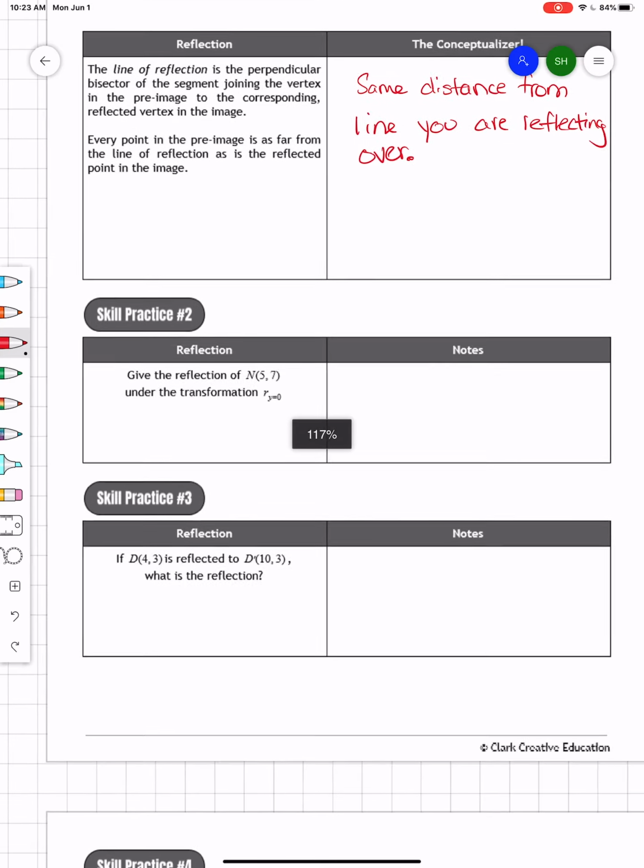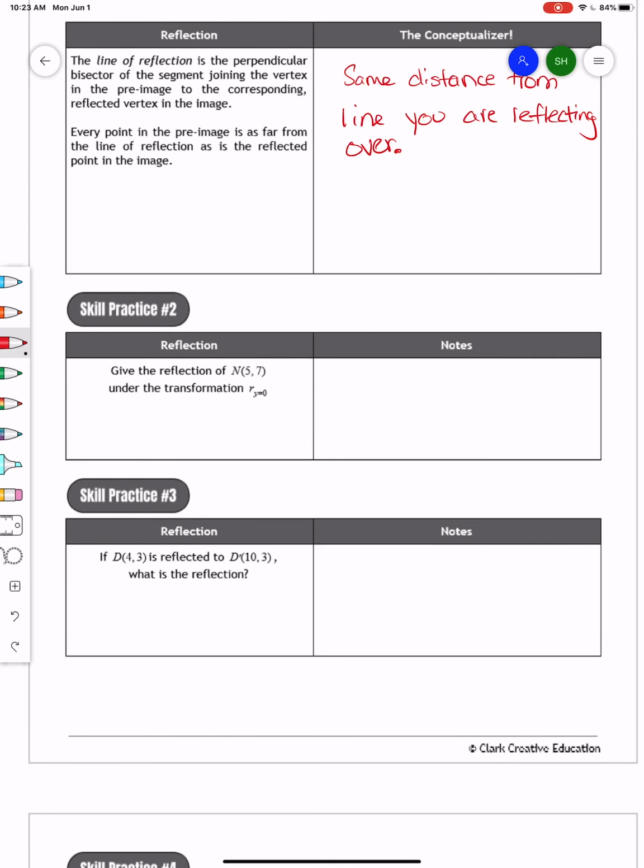So, some practice. If the reflection of N is 5, 7, under the transformation y equals 0, N prime will be what? Well, we know that if y equals 0, you're reflecting across the x-axis. So that means the 7 in the y spot will become negative because that is the way we are translating.